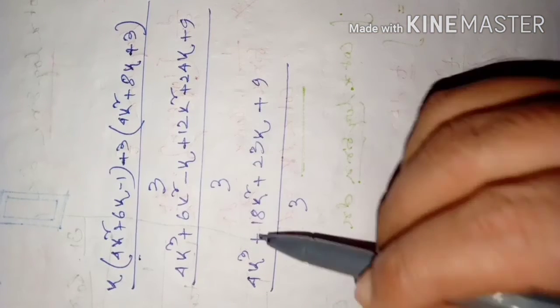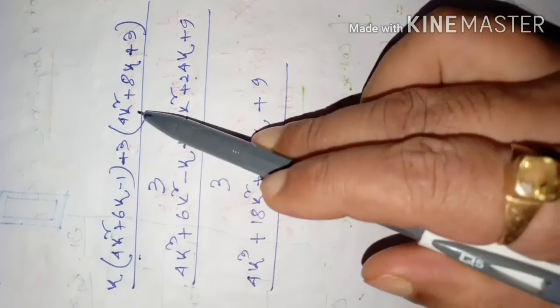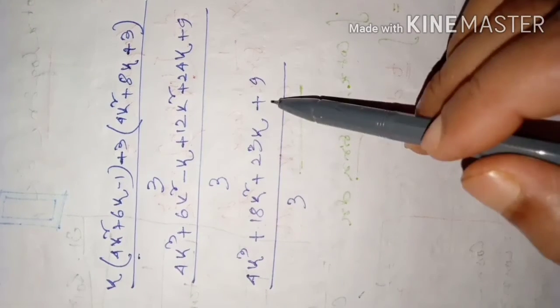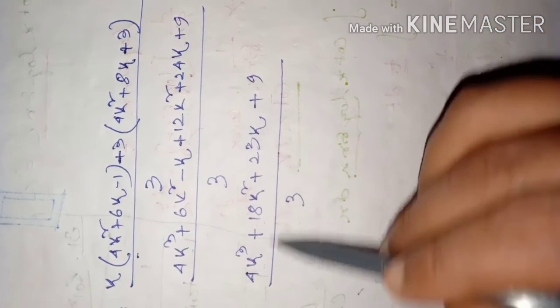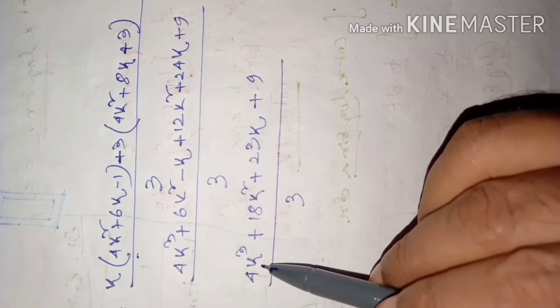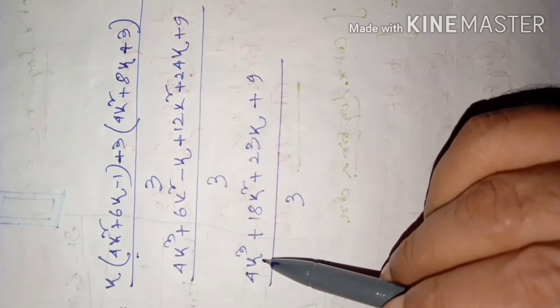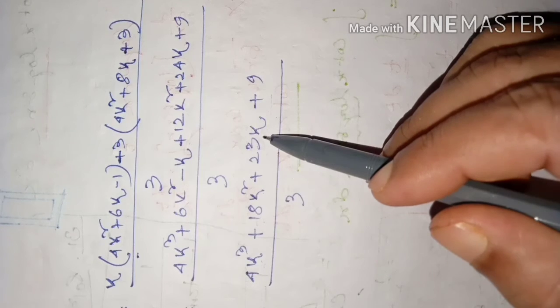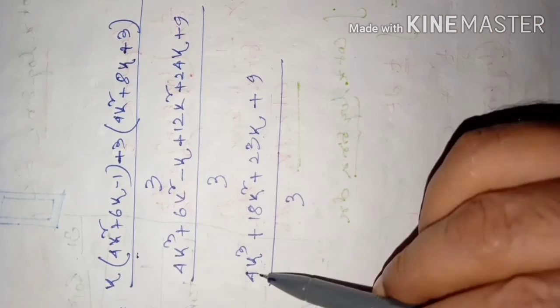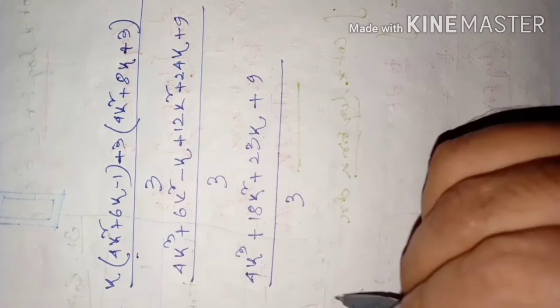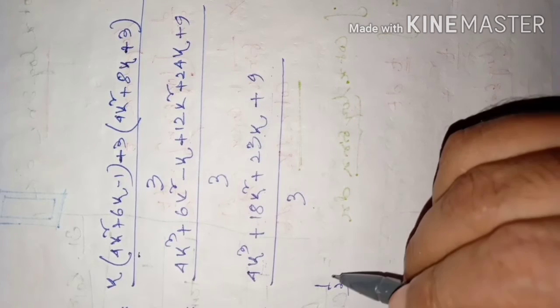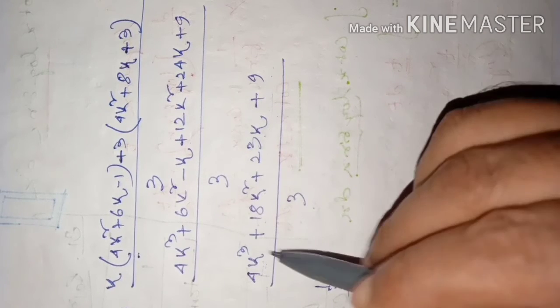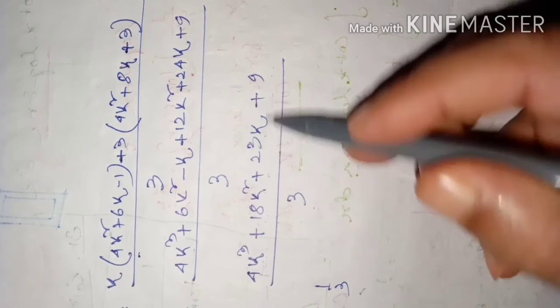So dear students, after simplifying this whole thing, we got this expression. Now we need to factorize this. If you see nicely, by remainder theorem, you can factorize this. Just think k equal to minus 1. If you put minus 1 here, then this whole statement's result will be 0. Means if you separately write this 1 by 3, then you can say k equal to minus 1 is a zero of this polynomial.